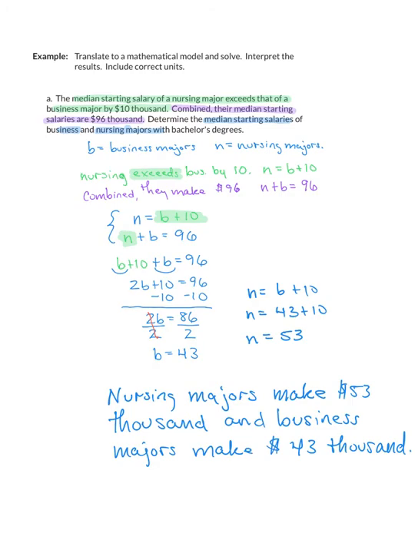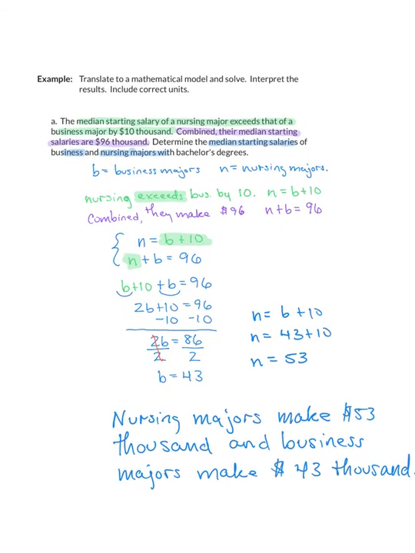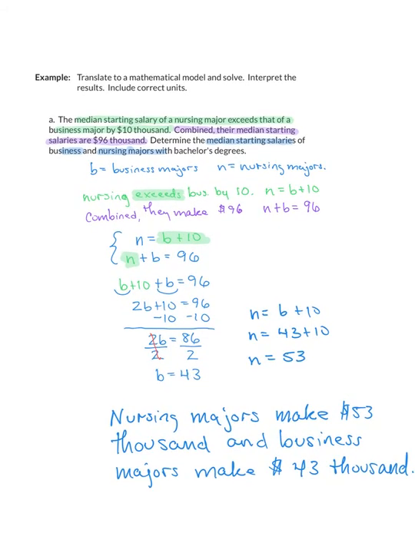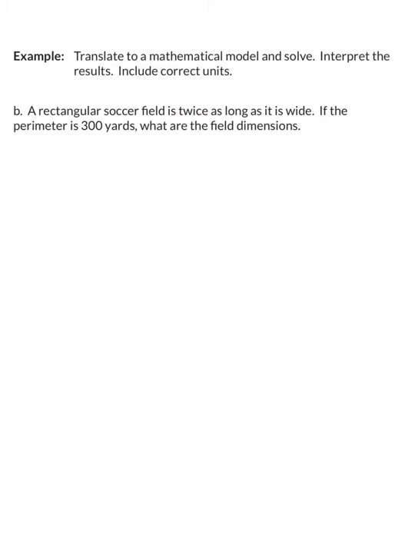Though I didn't include median starting salaries with bachelor's degrees, this does answer the question. It identifies what number goes with which variable or which unknown. And so that takes care of example A. So let's go on to the next example.